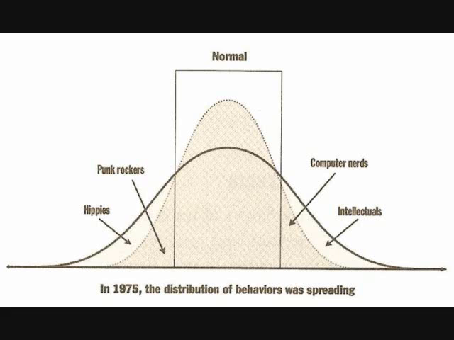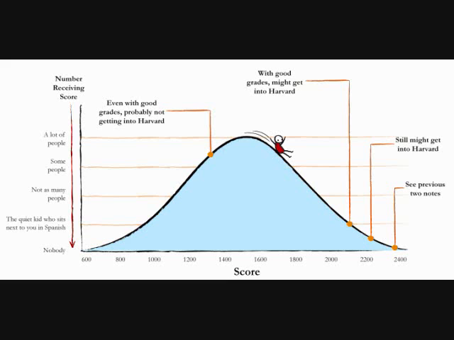You have your punk rockers and hippies on the lower end of the scale, then your normal class of people, and on the higher end the intellectuals and the computer nerds, so to speak. People on this bell curve are also classified as to whether they're going to graduate from college: on the lower end, the ones who won't graduate from Harvard, and on the higher end, people who still might have a chance to get into Harvard.